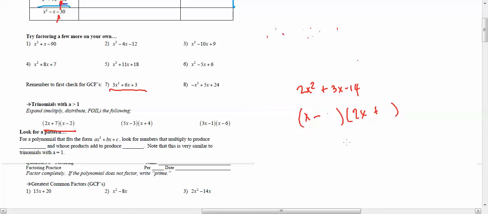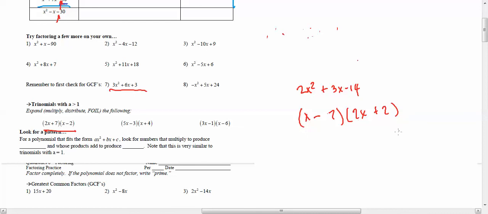And you think to yourself, wait a second, 7 and 2 would be a pair that I could use, right? But that doesn't add to 3. 7 and 2 adds to 5, or 9, but it doesn't add to 3. But you need to remember to take into account that extra 2 there. So watch, if I put a 7 over here and a 2 over here, I'm just guessing. Or maybe I put a 2 over here and a 7 over here.